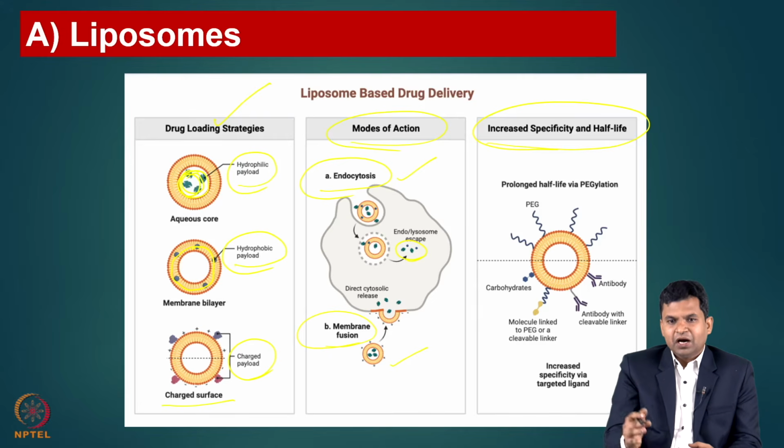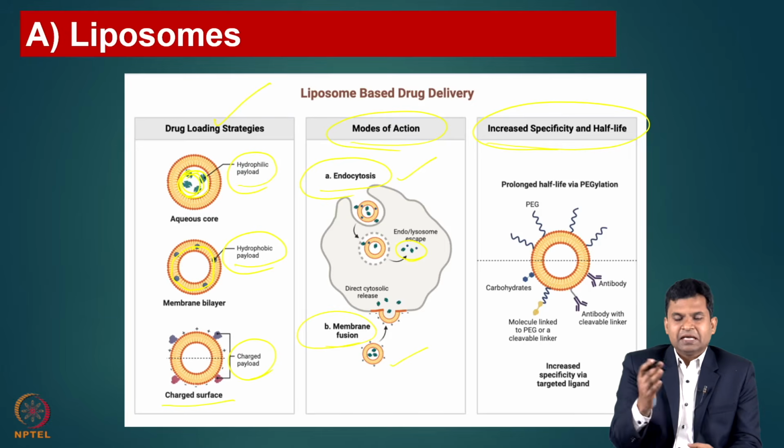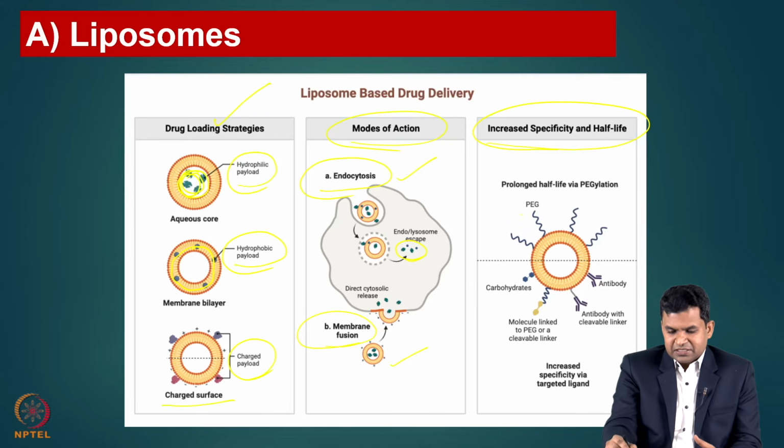And now, how do these systems help in increasing the half-life of the formulation? As we saw in the previous lectures, with pegylation, polyethylene glycol helps increase the half-life of most nanocarriers. Now, you can see this is the polyethylene glycol, this is your liposome.